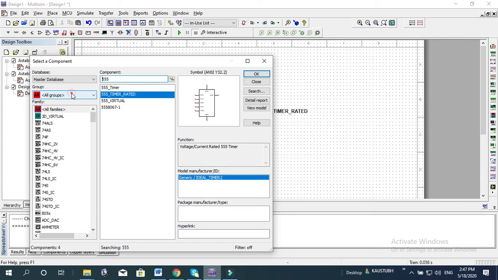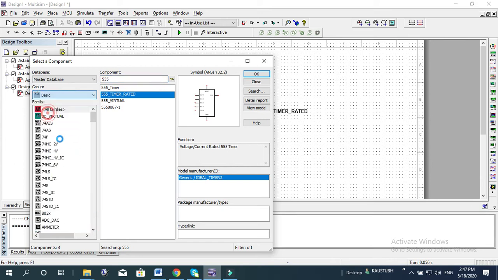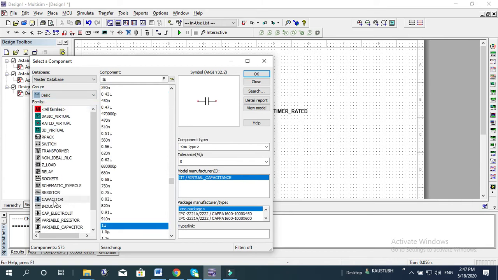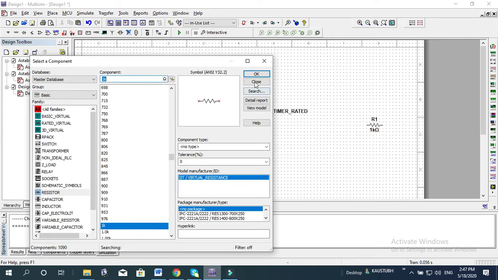Then I need resistors, from the basics. You will get the resistor. This is your resistor. So one resistor, then one more resistor. Values will change later on. Then what else? We need two capacitors. So this is a capacitor.